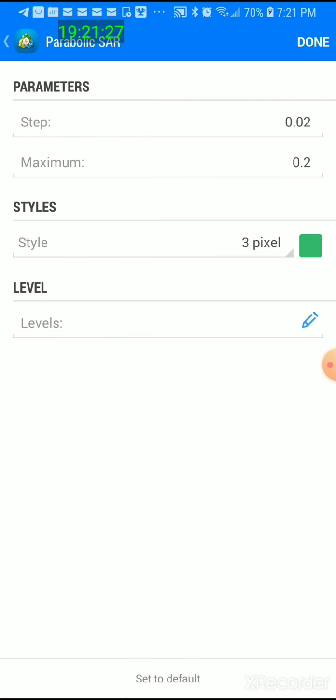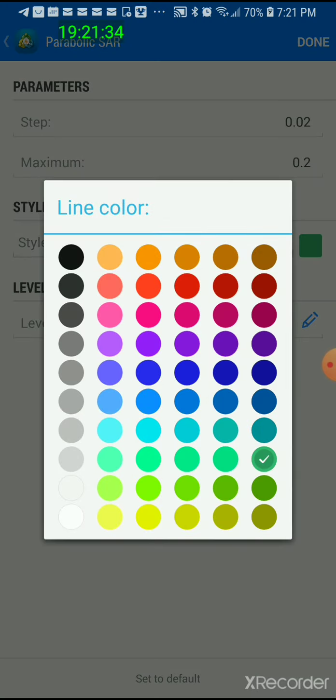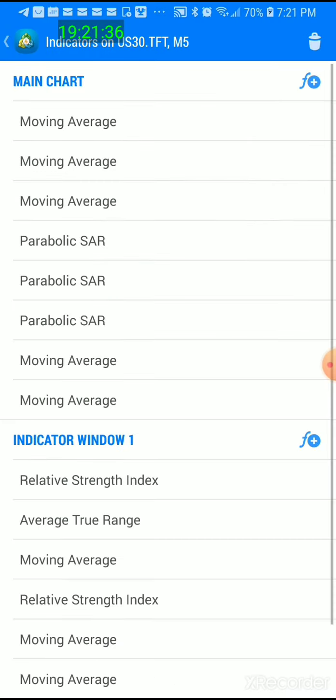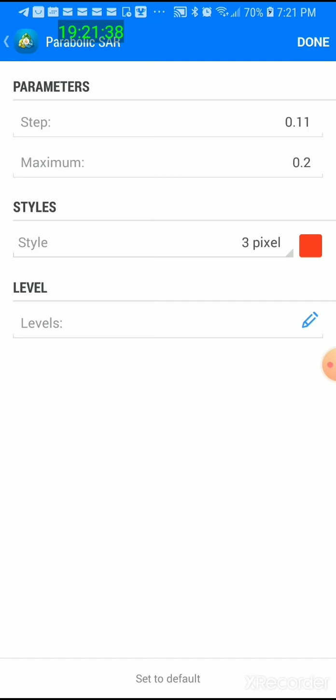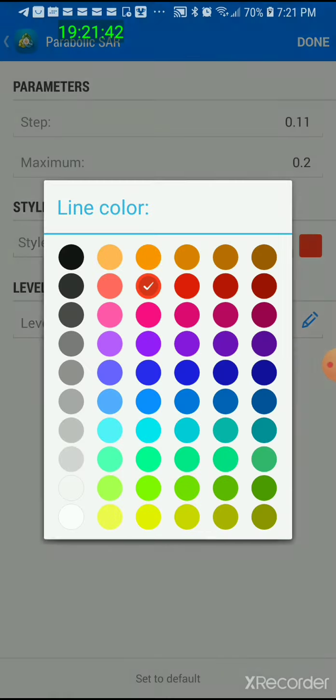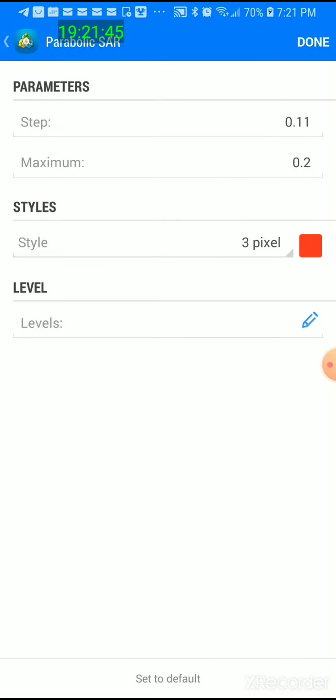Parabolic SAR: step is 0.02, max is 0.2, style is 3 pixel, and it's green. There you go. Another parabolic SAR: 0.01 is the step, 0.2 is the max, style is this red-orange color.